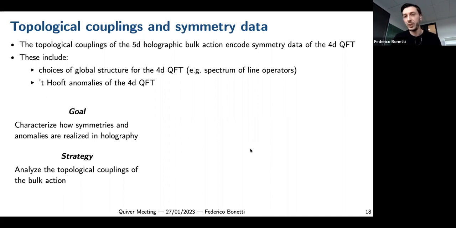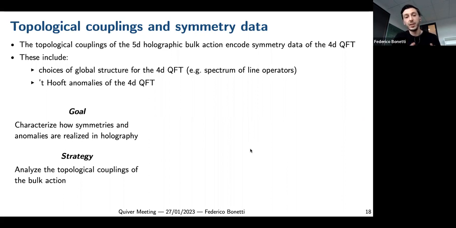So precisely, say, SU against PSU, which is in the same sort of idea as changing the spectrum of extended operators without changing the spectrum of local operators. And then anomalies in the usual sense, soft anomalies, non-global symmetry. So we would like to characterize all of this in holography, and our strategy will be to analyze the bulk action, and in particular the topological couplings that it contains.